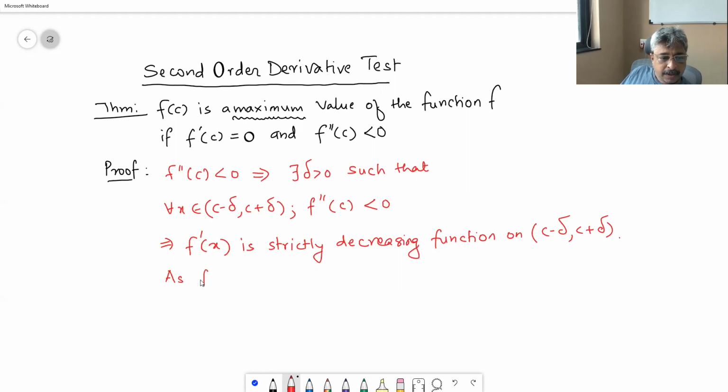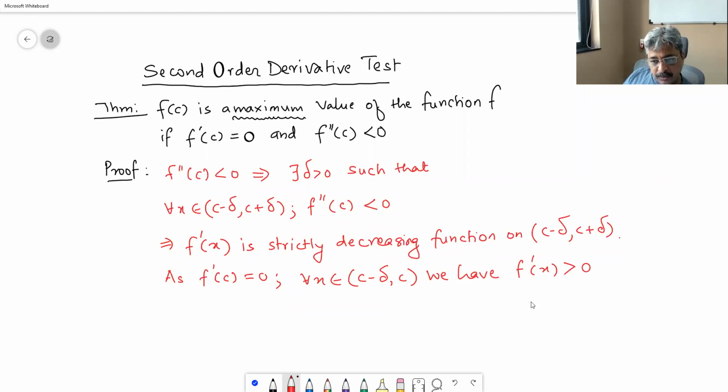As f dash of c is equal to 0, for every x belonging to c minus delta to c, we have f dash of x greater than 0.